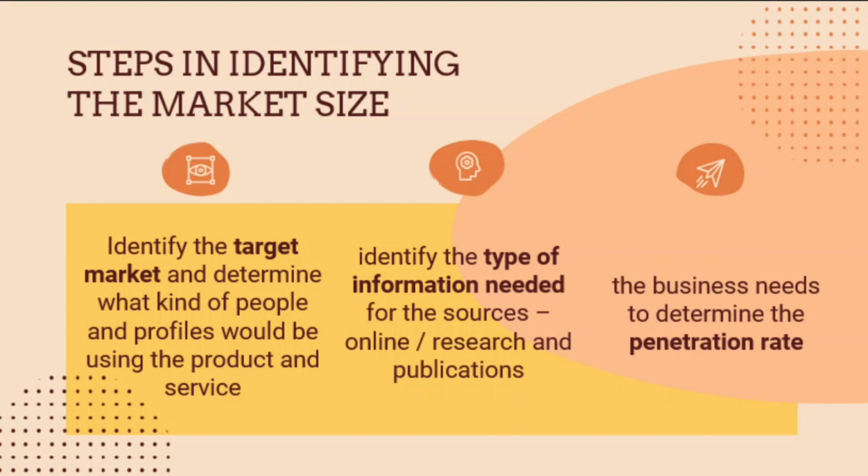After identifying your target market, you have to identify the type of information needed for the sources. Your sources could be online, or published research and other journals or publications. These are important questions as it will entail cost in acquiring, and the other can be free but limited.